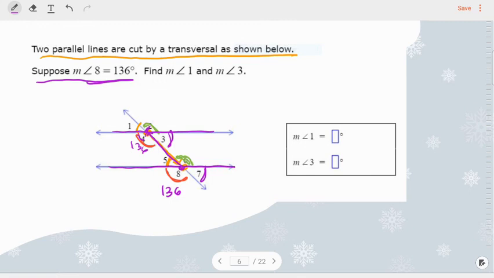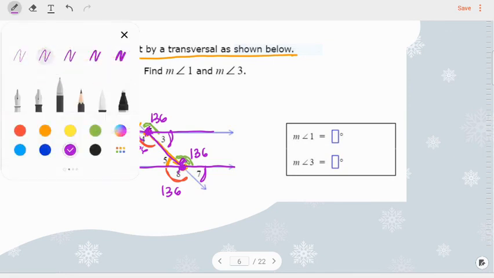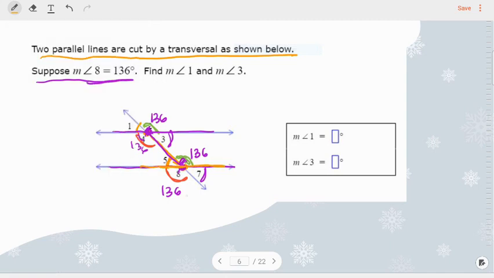Our vertical angles are also the same. So 136, these are vertical angles because they touch only at this intersection point. And how do I find my remaining? Okay, remember my straight line adds to 180.